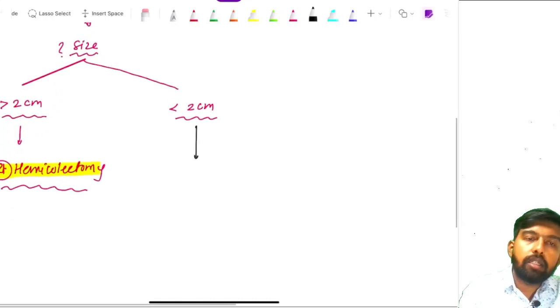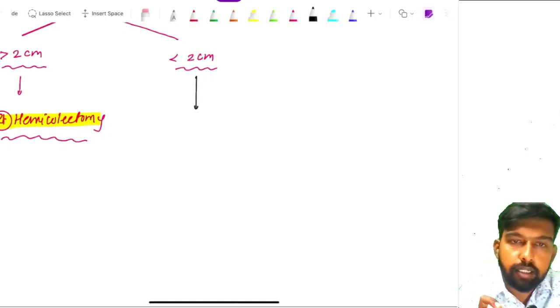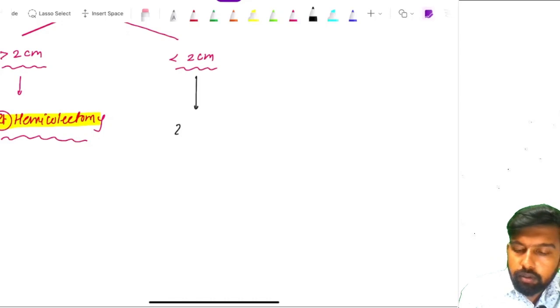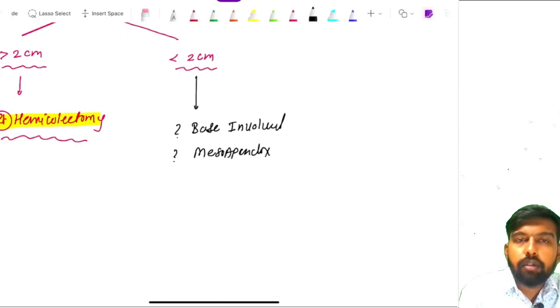Is it involved or not? What is the status of the base? Is the base involved or not? Is the mesoappendix involved or not?